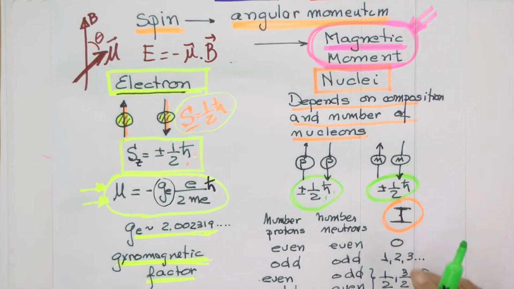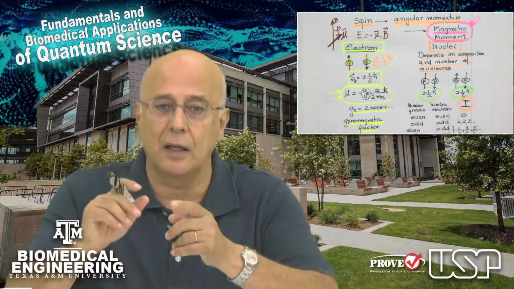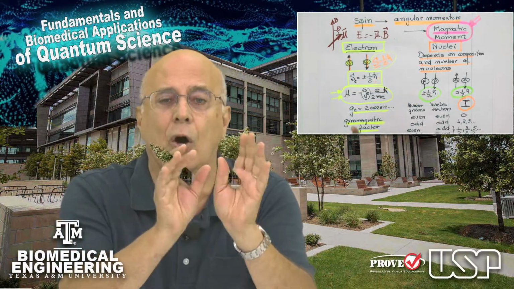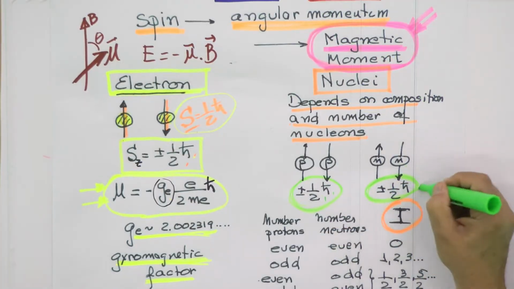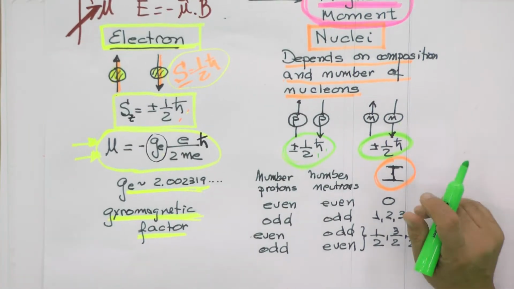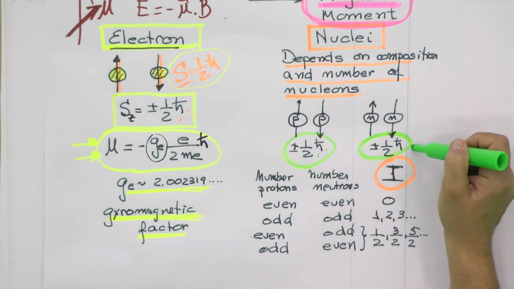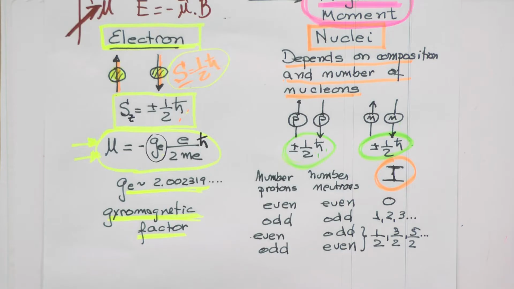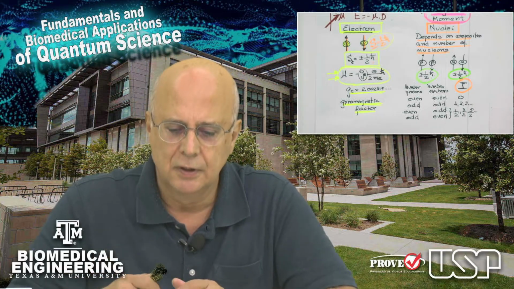But that means that if I take a proton alone or a neutron alone, it will have this kind of angular momentum, but the projection will be plus or minus half. But we know that the nuclei is composed of many protons and many neutrons.